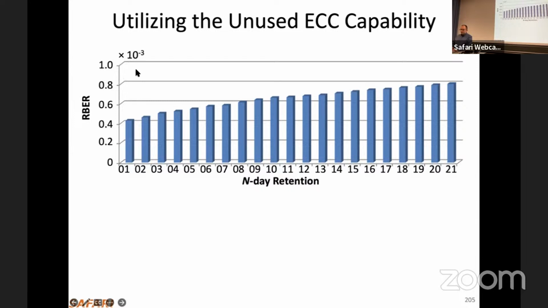So you have quite a lot of unused ECC capability, meaning that on the first day, you can apply a much lower VPass. You can reduce VPass a lot because if some errors happen through that read, hopefully your ECC can correct them because your ECC capability is quite high. But once you are at this position, for example, then you cannot reduce your VPass much. So that's the idea here.